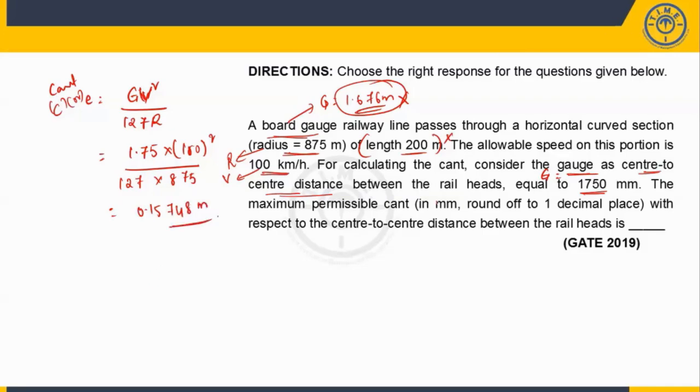But we want it in which units? So convert this meter to mm. 157.48 mm. The answer in the key is 157.2 to 157.7 mm. Any value in this range, you will get full marks.